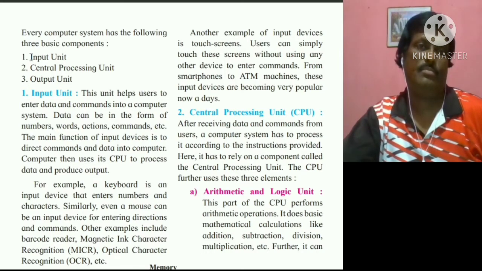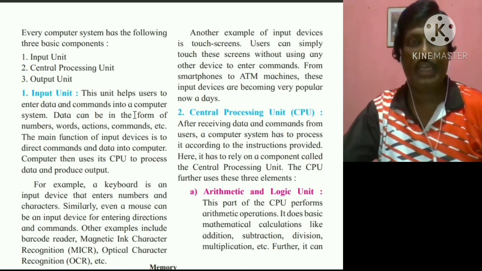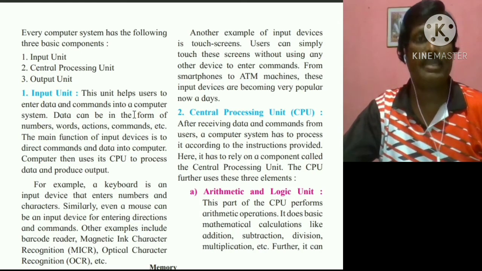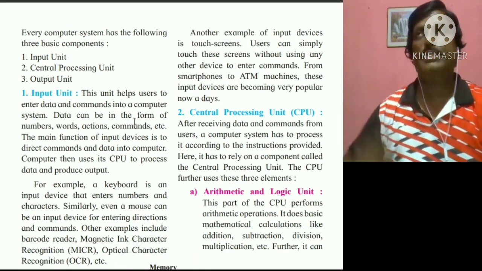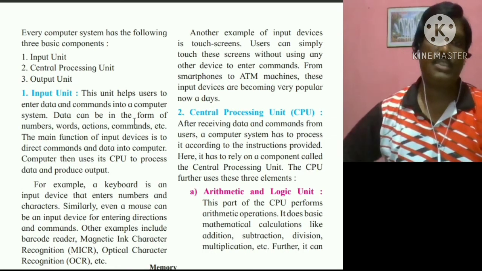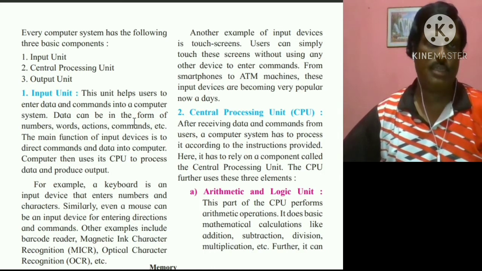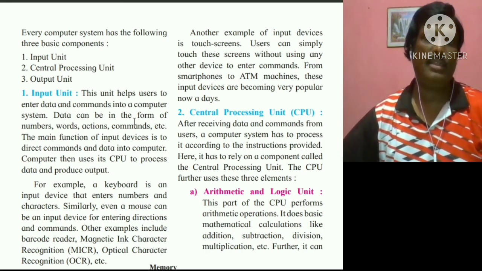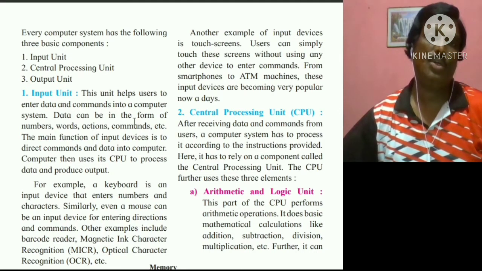As we know that the definition of computer is an electronic device which accepts input from the user, processes it according to set of instructions and produces a required output. Okay. So, for that we require these three basic components: input unit, which gives a data to a computer.